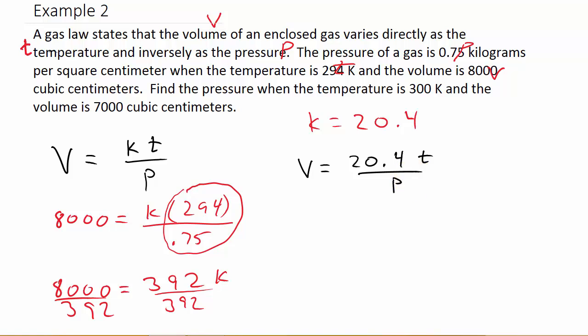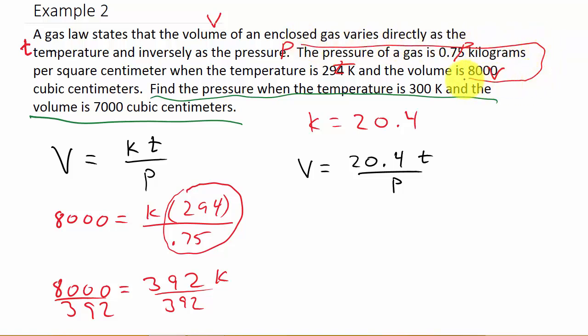Now let's see what they're asking us to find. This is what they're asking us to find. This part right here, the stuff in red, is the information they gave us so we could solve for k.